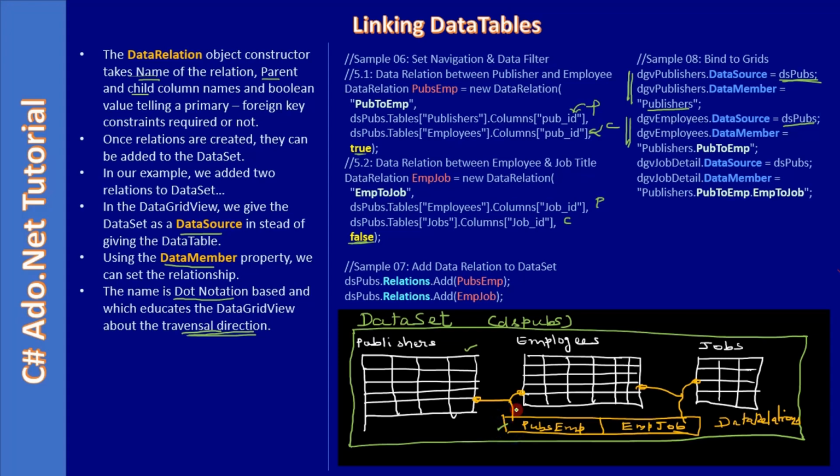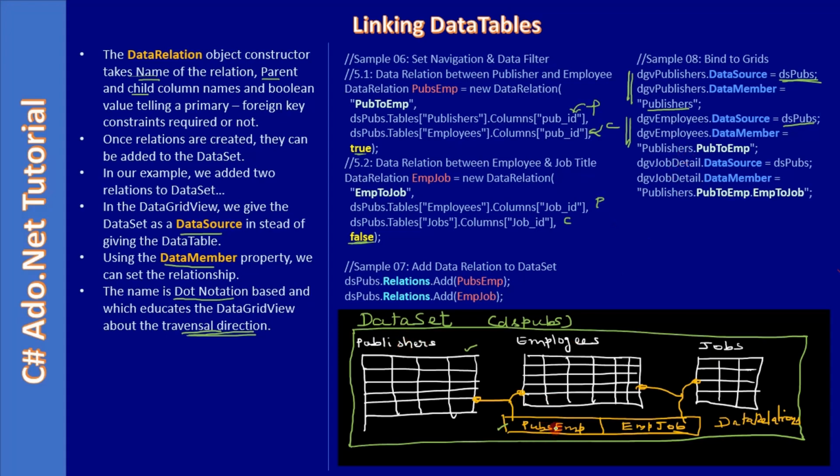That means here we are giving the child table, that means the employee table, right? In the dataset, publishers, publisher is the data table, dot, the relation is pub to emp.